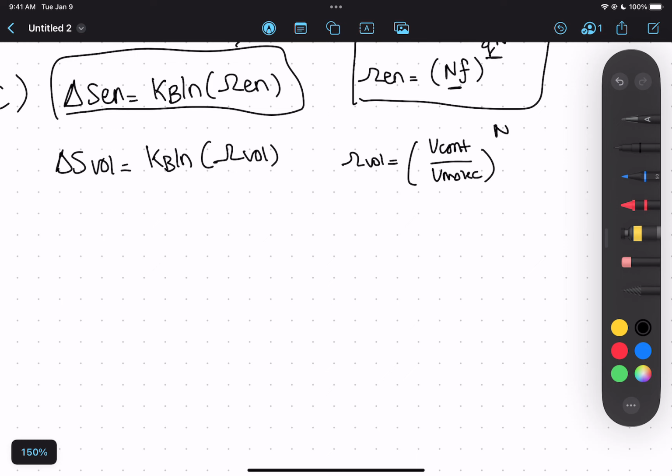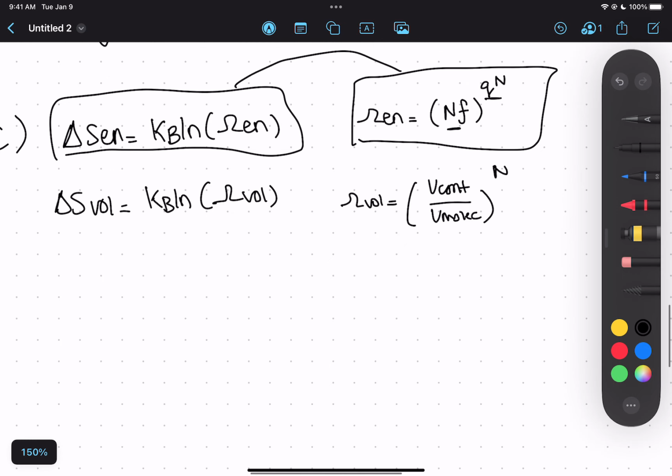You end up with this general final format where it's VF over VI, because the volume of the molecule is constant. That won't change. That's the ending format that you got. So that's what's going on there.